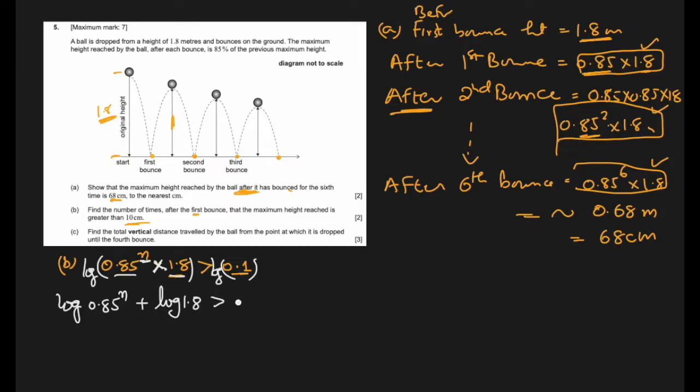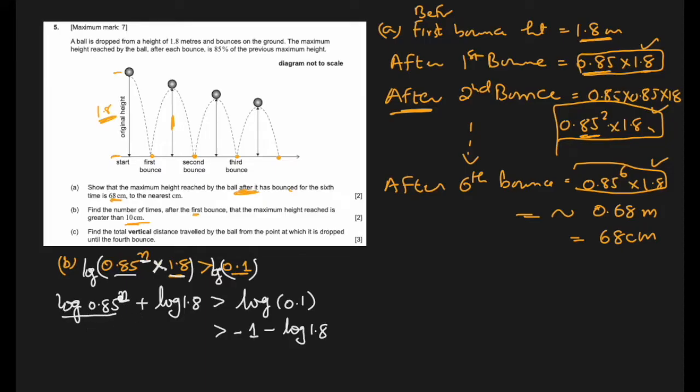Is greater than log 0.1. Now log 0.1 is 1 over 10 to the power minus 1, so we know this will be minus 1. Just put this in a calculator, and we will put this log 1.8 also to the right side. Alright, so now what are we left with? We are left with only this, and this n.